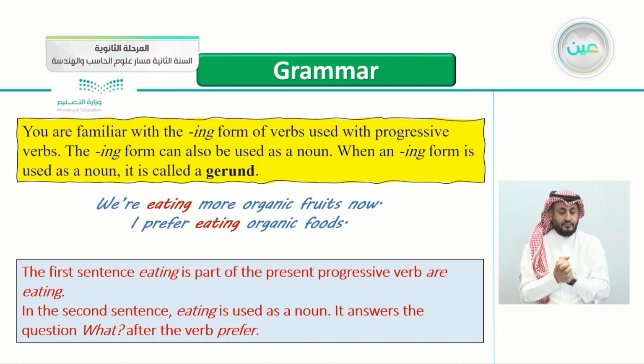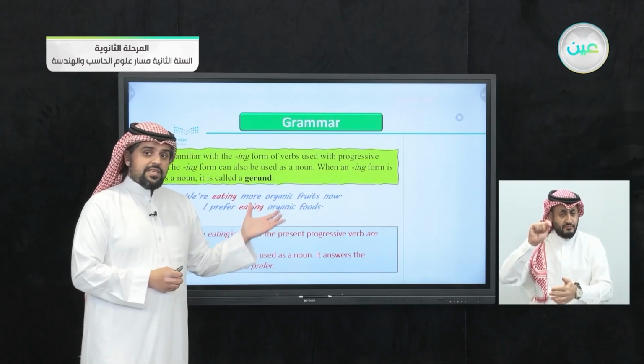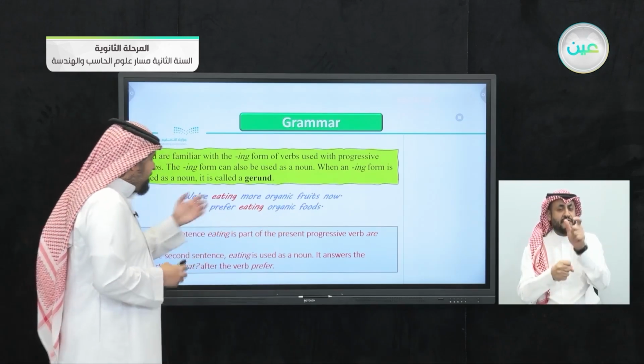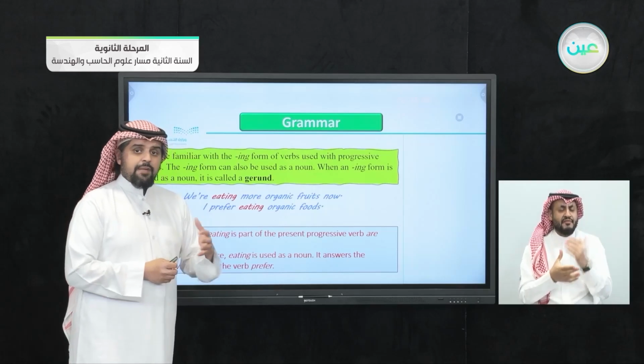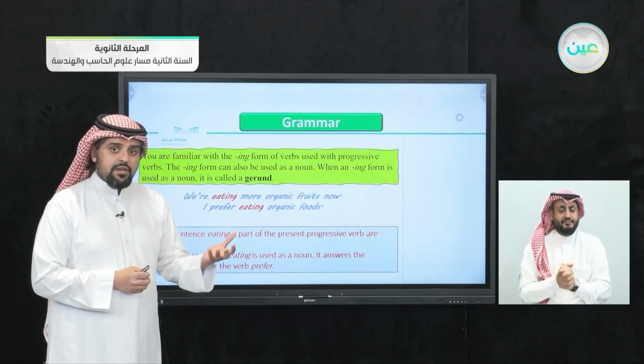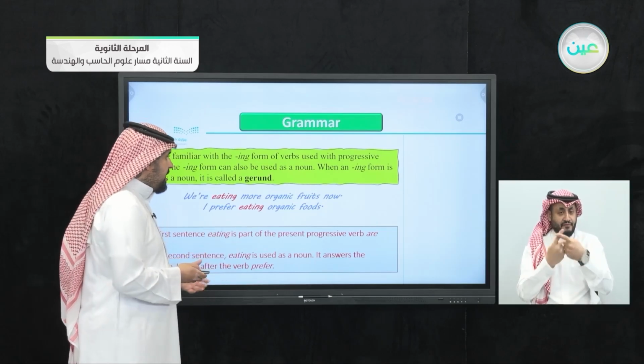In the second sentence, eating is used as a noun. It answers the question what after the verb prefer. In the second sentence, eating is a noun because it came after the verb prefer. I prefer eating something. So eating here is not a verb, it's a noun.